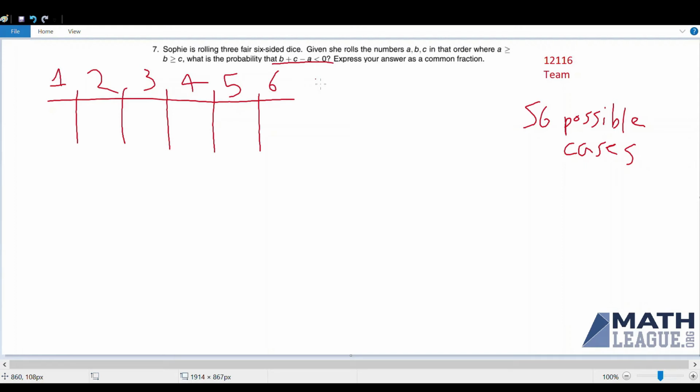So there are no possible cases where A is equal to 1 or 2, where B plus C minus A is going to be less than 0. If A is 3, then the only case that works is the one where B and C are both equal to 1, because 1 plus 1 is 2, 2 minus 3 is negative 1, and that's going to be less than 0. So there's only one case here that works.